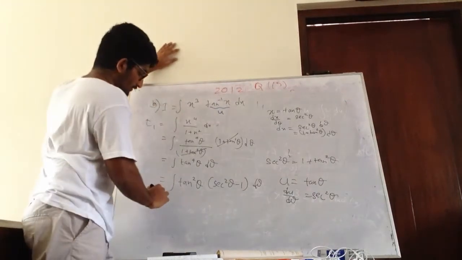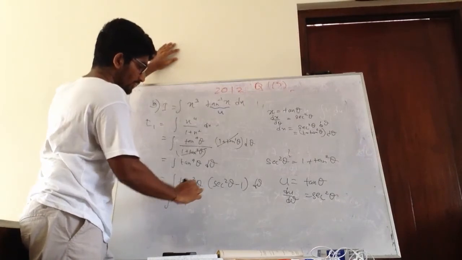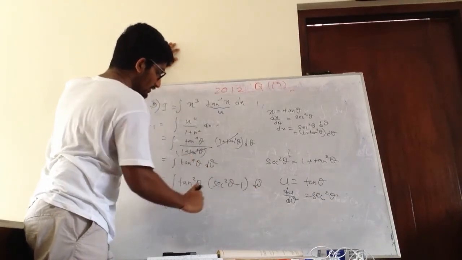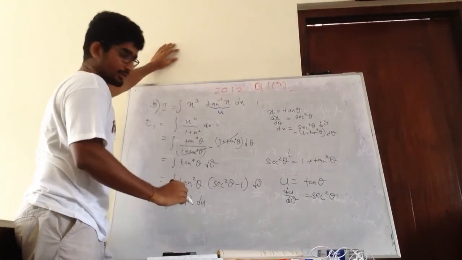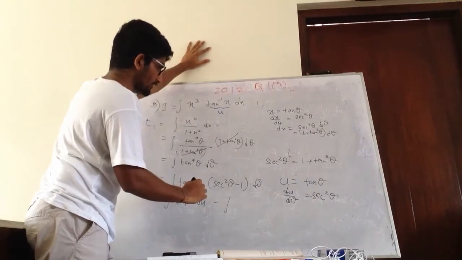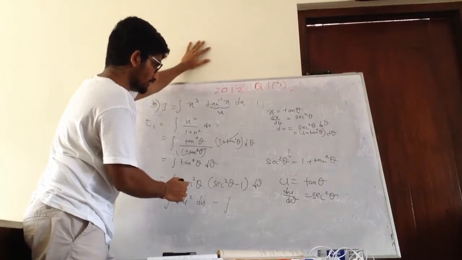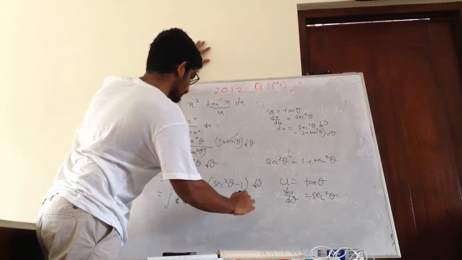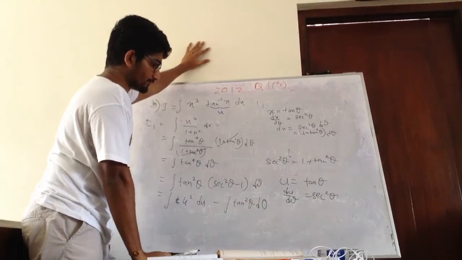So now if I evaluate this, it will be u square sec theta d theta, which is going to be du. Correct? Minus this will be tan square theta du. Correct? So tan square theta is what? Sec square theta du d theta, right?